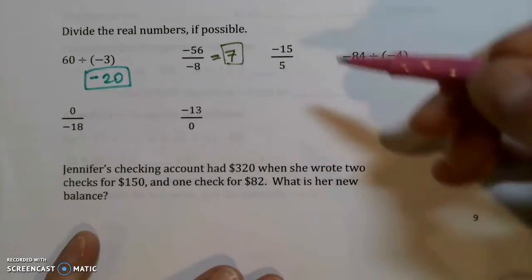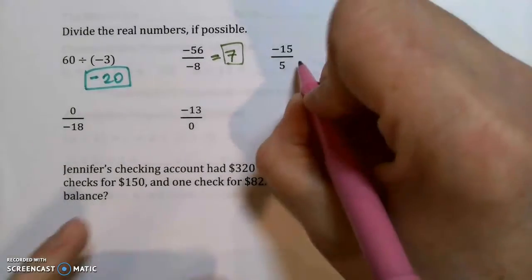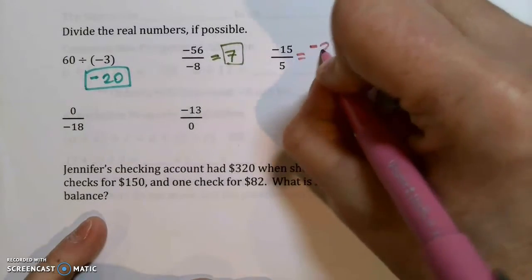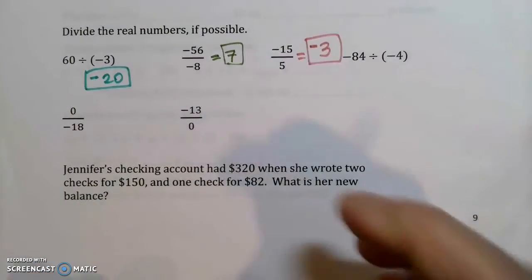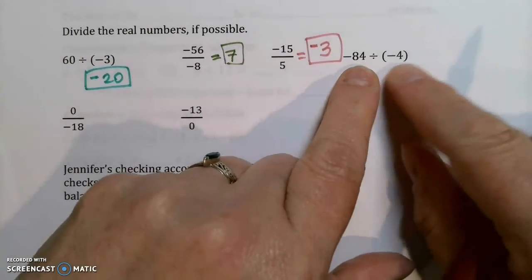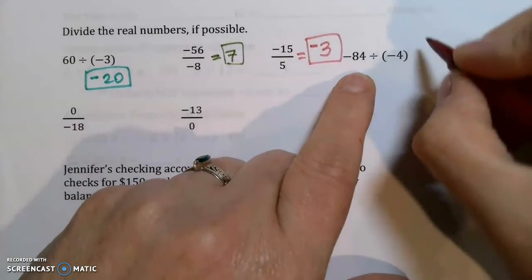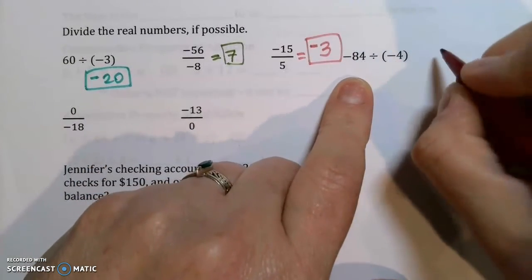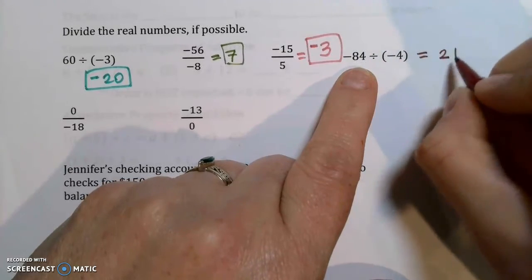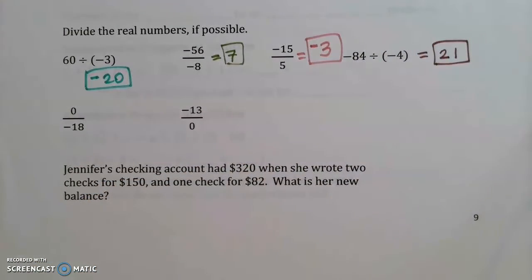One after that, we have a negative divided by a positive. The signs are different, so my answer will be negative. 15 divided by 5, 3, so negative 3. And the last one there on that row, negative 84 divided by negative 4. So both negative, so this will be a positive answer. And then 84 divided by 4 is going to be a positive 21.